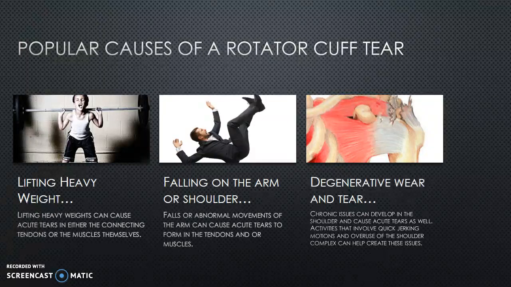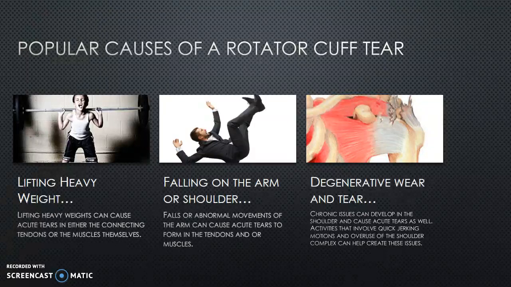Degenerative wear and tear is a chronic issue that can develop in the player's shoulder and cause acute tears as well. Activities that involve quick jerking motions and overuse of the shoulder complex can help create these issues. So, throwing a baseball, throwing a softball, javelin throw, all of these things can lead to degenerative wear and tear and can cause acute tears within your shoulder.